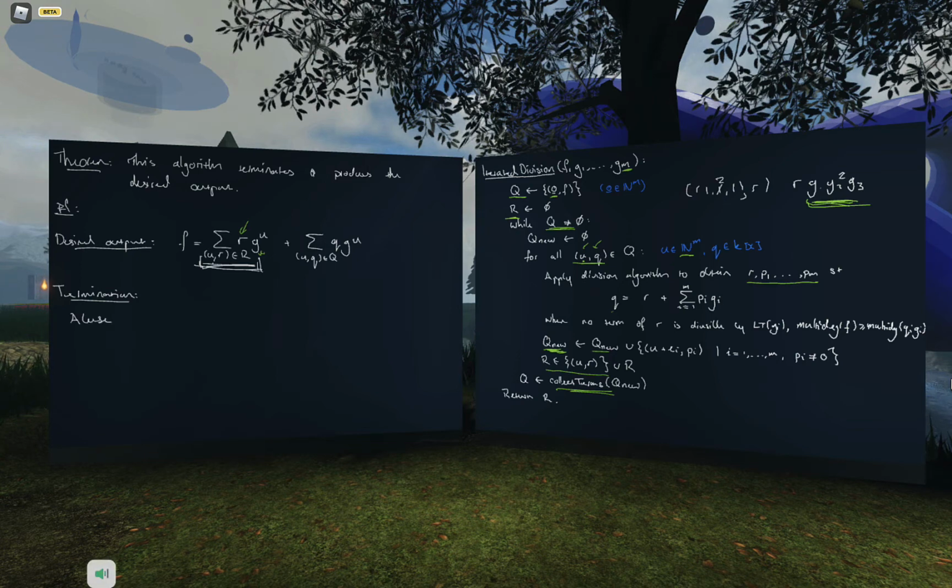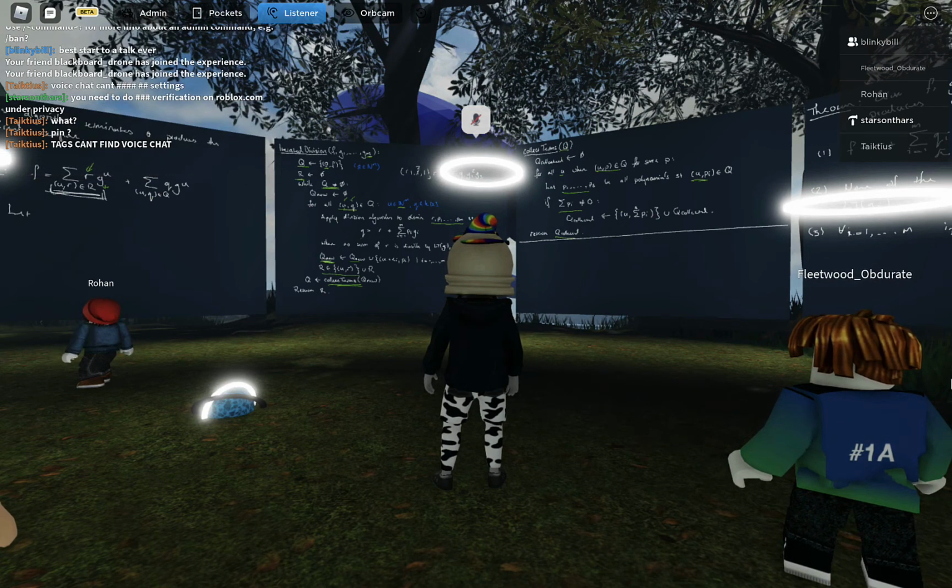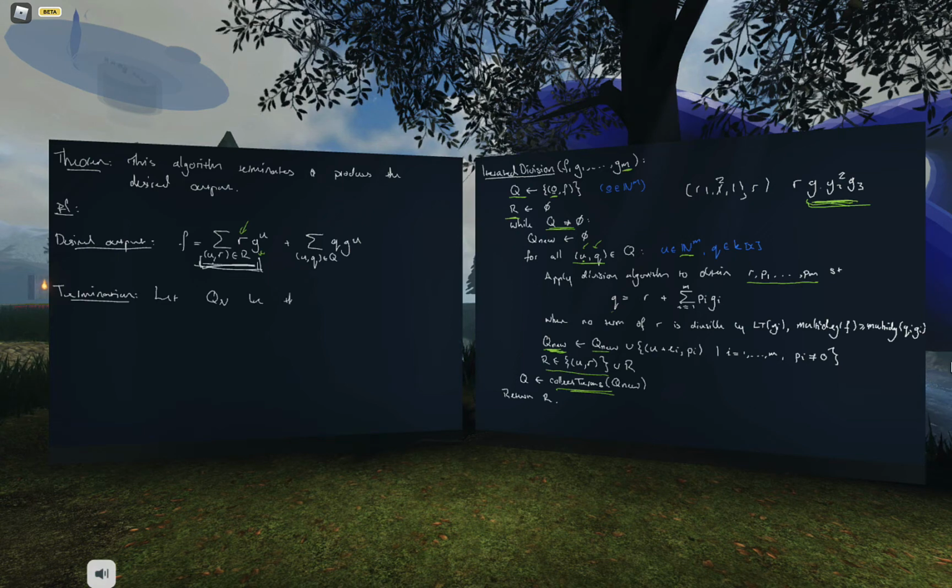So we're going to abuse notation. Okay, sorry, I need to introduce something first. Let Qn be the value of, say, Q on iteration number n, right?